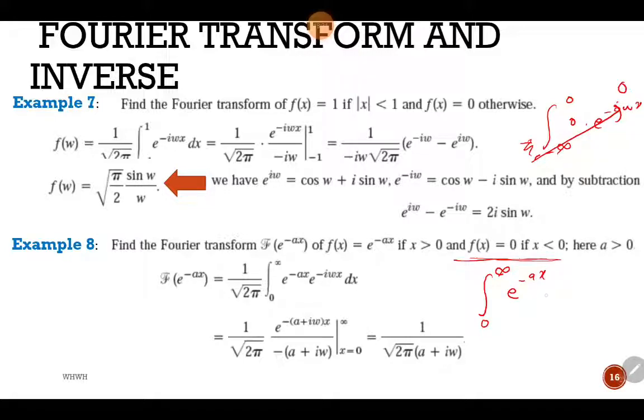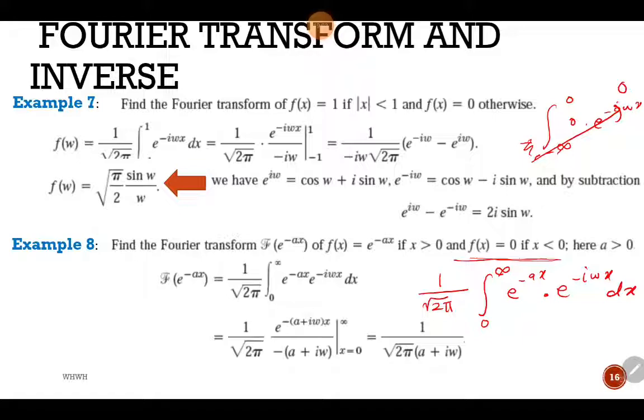Okay, darab dengan yang ni ada, saya tulis dulu ni, lupa, 1 per sqrt 2 pi. So e kuasa negatif i omega x dx. Okay, and then the integration should look like this. Okay, so saya akan tulis lagi sekali lah supaya kamu lebih faham.